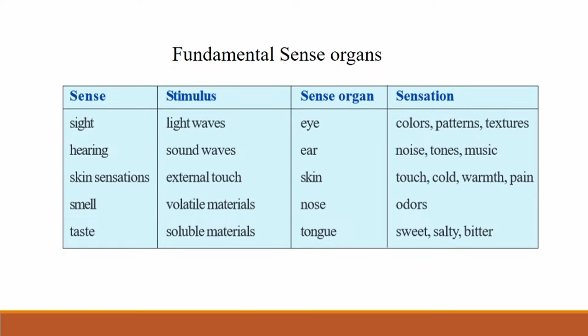It is related to volatile material, and the sense organ is the nose, and the sensations are odors. Next we talk of taste, which is related to the tongue, and there are sensations of sweet, salty, bitter. So these are the sensations we talk about when we talk of the tongue.